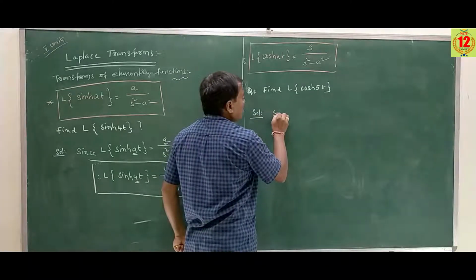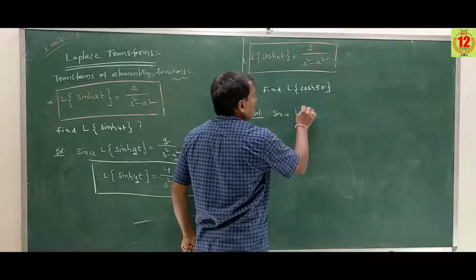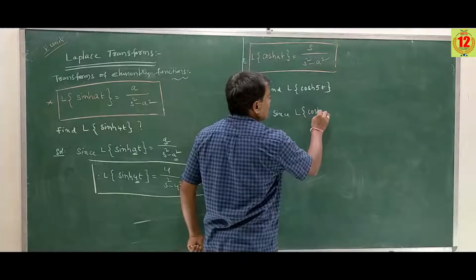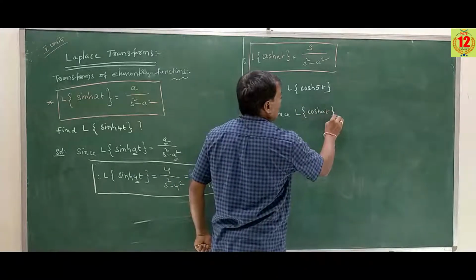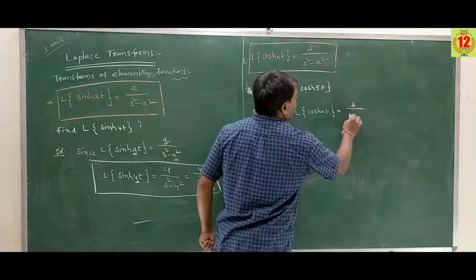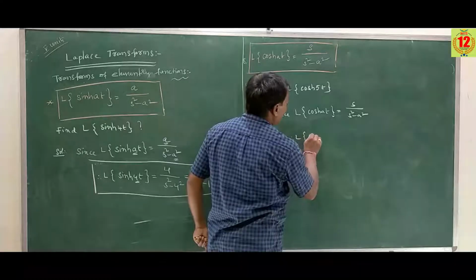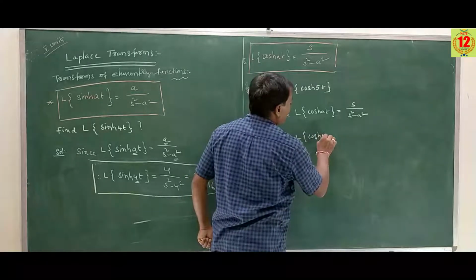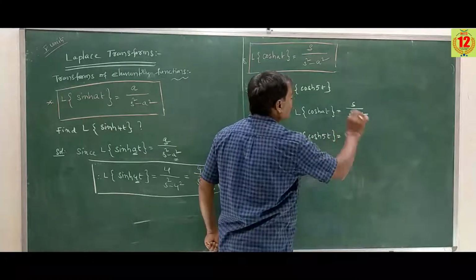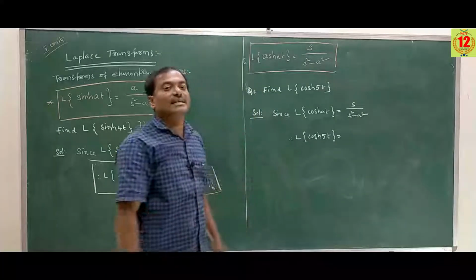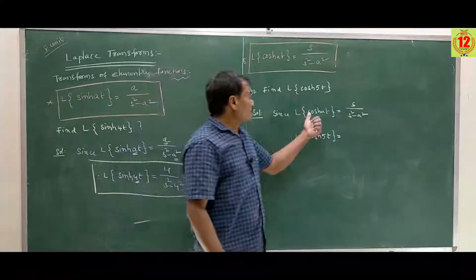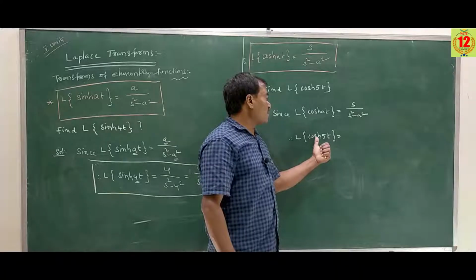Since Laplace transform of cosh at equal to s by s square minus a square, therefore Laplace transform of cosh 5t: compare the left hand side functions. This is cosh at, this is cosh 5t.